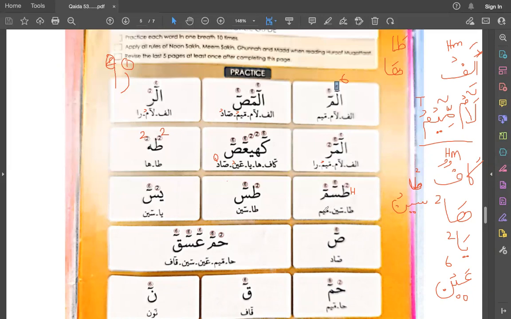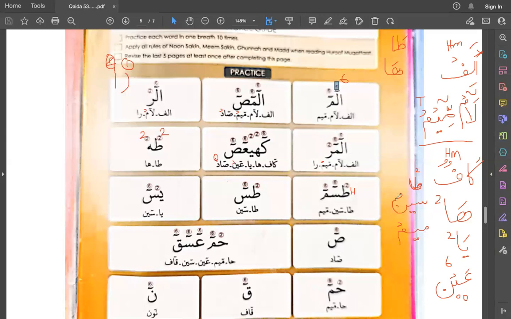And then meem will be, if you wanted to write meem, it will be six counts long too, because there are three letters, and there is meem with sukoon, and there is a long vowel, so this will be six counts long too.